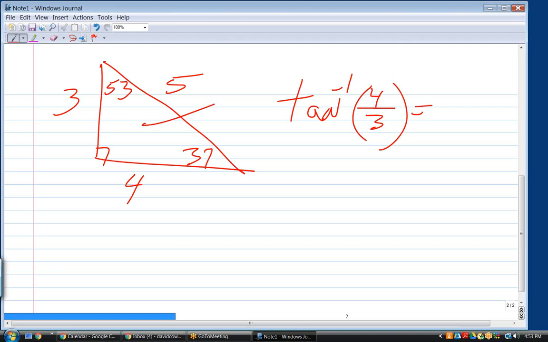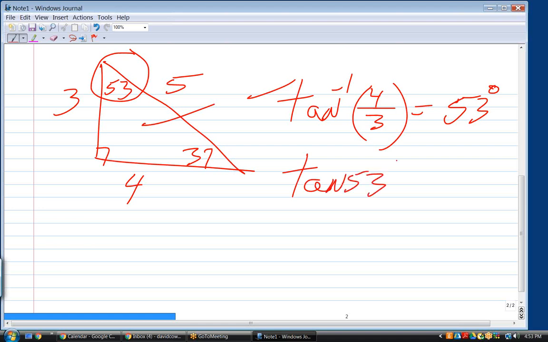53 degrees. In other words, we're talking about that angle right there. Notice that this is only true if the tangent of 53 degrees is equal to 4/3. Very important that you understand the relationship between a trig function and an inverse trig function.